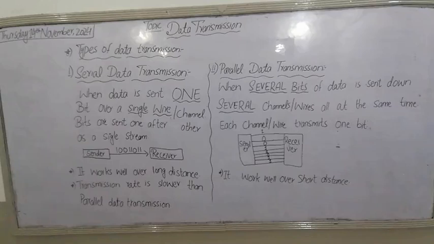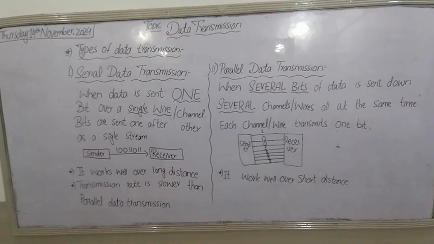It is because when we talk about parallel data transmission, I will tell you that if the distance is more than 20 meters, the data sent will be unsynchronized. But serial data transmission is suitable for long distance, so when the data reaches its destination, it will be properly synchronized.